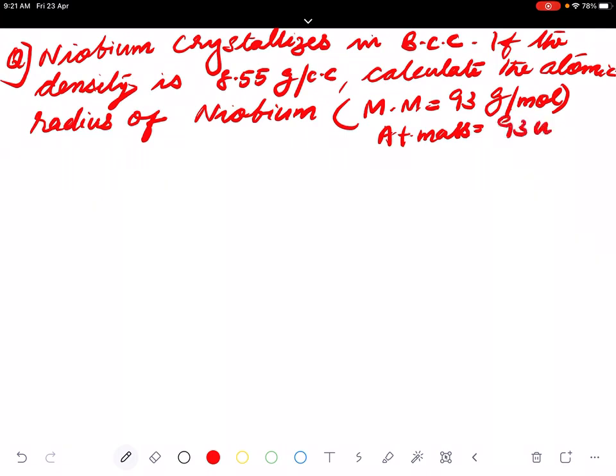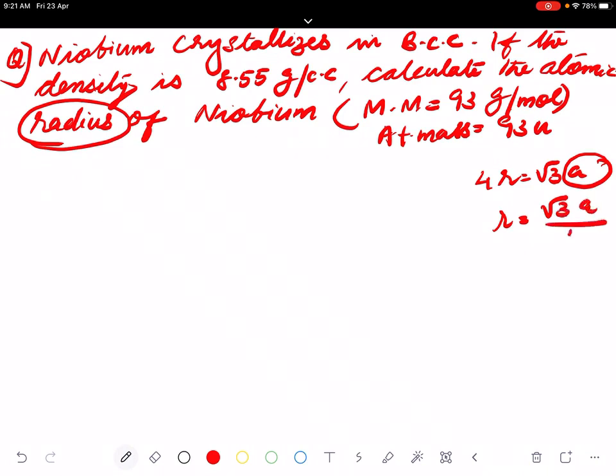We need only that value. So here the question is the atomic radius. First you have to find out the edge length. After finding the edge length, using the equation, in the case of BCC the radius to edge length relation is 4R equals root 3 a. First you find a, then substitute in this equation to get the radius, that is R equals root 3 a upon 4.